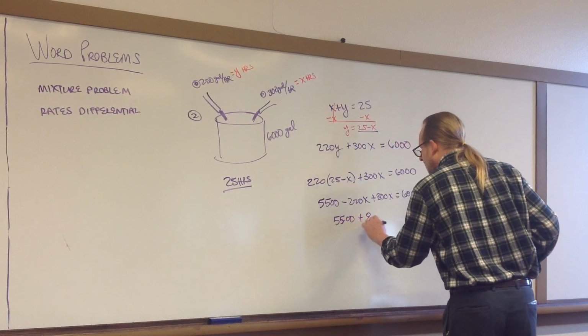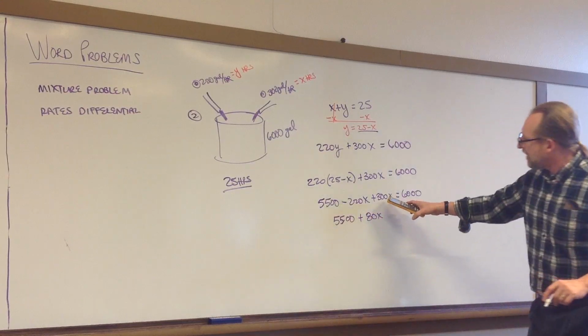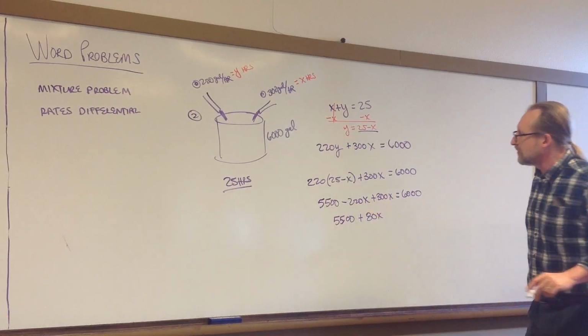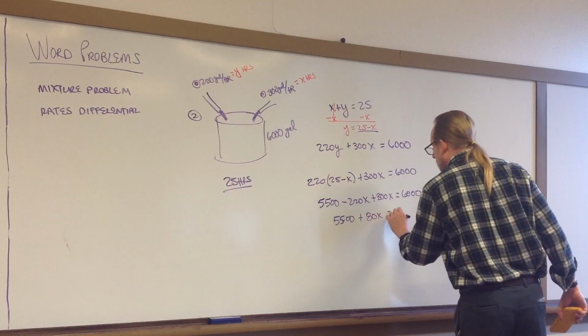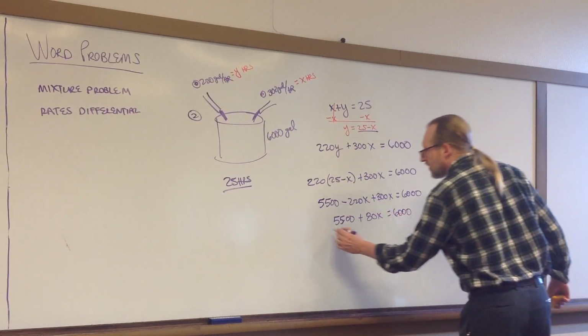So this will be positive 80x right here, right? Positive 300x, negative 220x. That gives us positive 80x.